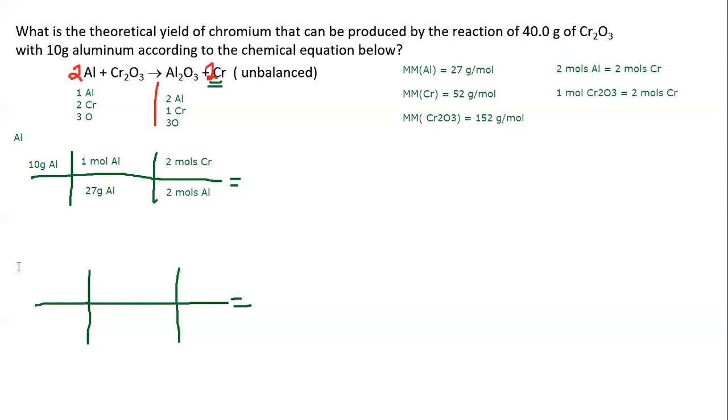We're going to do the exact same thing for chromium 3 oxide. First, we're going to convert it to moles by dividing by the molar mass. And then we're going to convert it to moles of chromium.